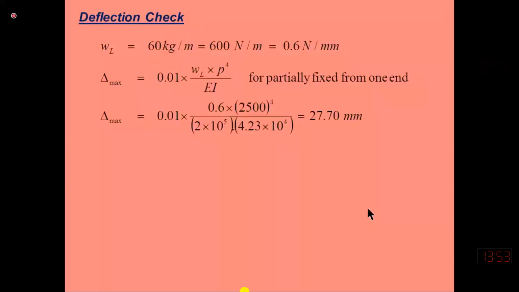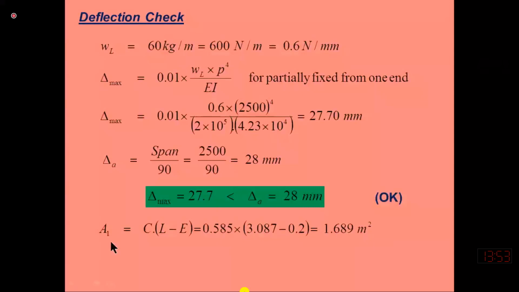I have computed A1. A1 is the effective area covered by one sheet, which we can compute as C, the cover of sheet, into length of sheet minus end cover. This is 0.858 meter. All the values are in meter. The cover of one sheet is the width of the sheet minus 1.5 corrugations.